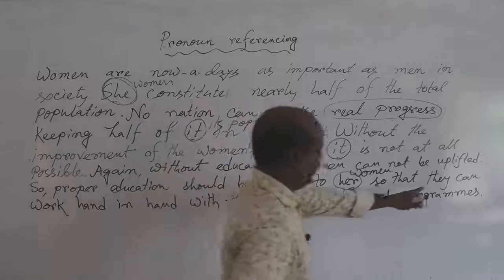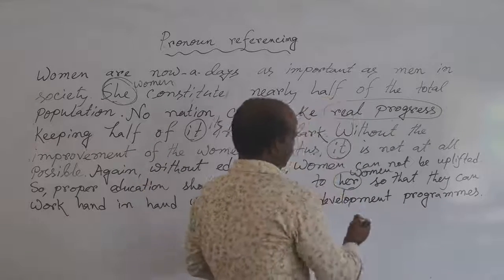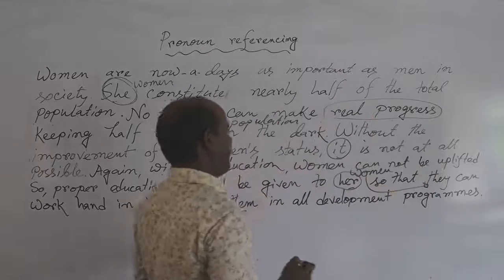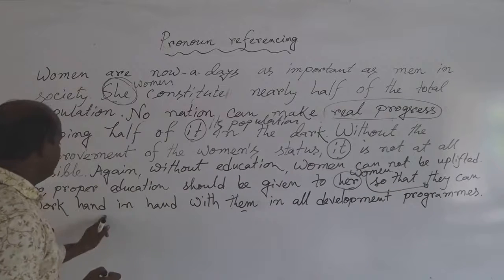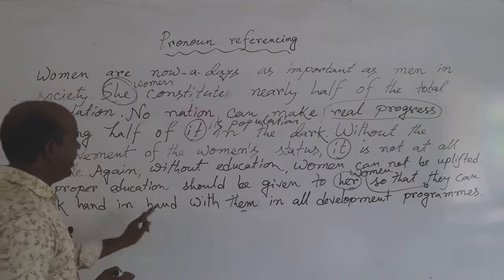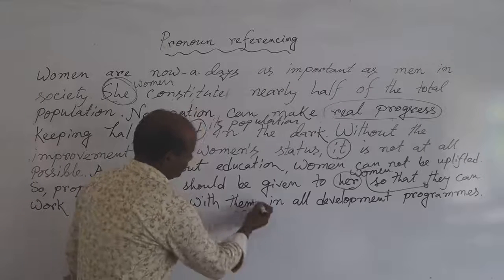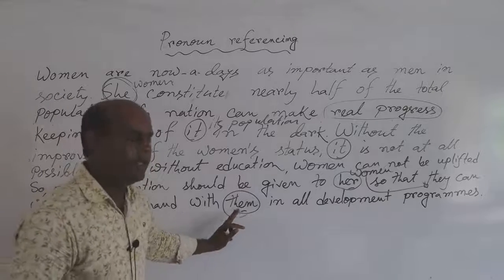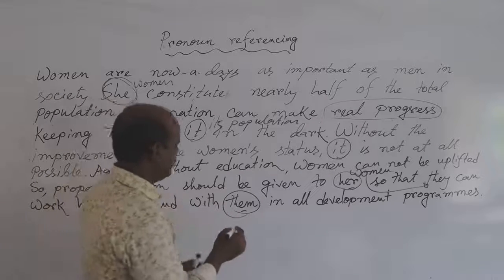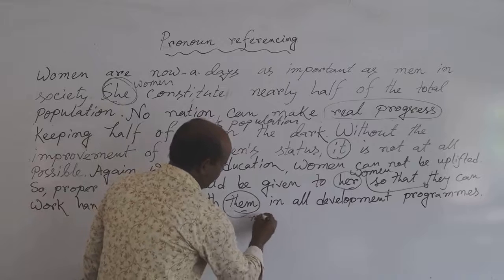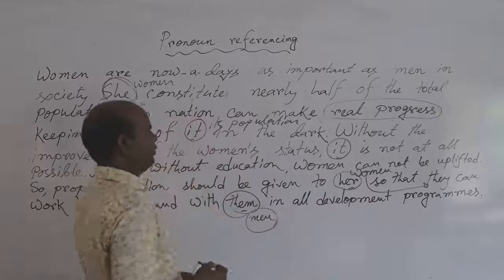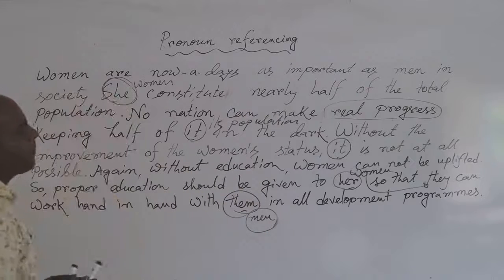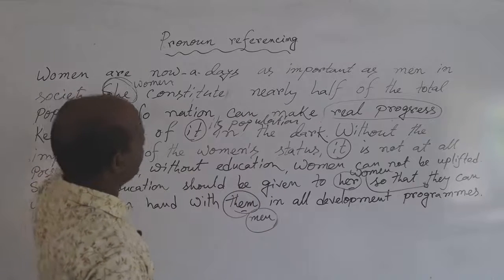Then they is also correct, because women, they can work hand in hand with them. What does them mean? Here you have to use men, then it will be fruitful. Men in all development programs.